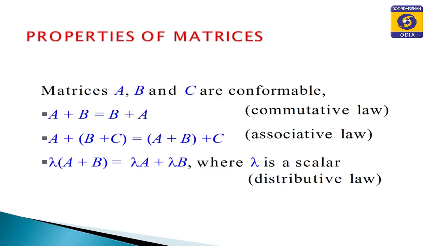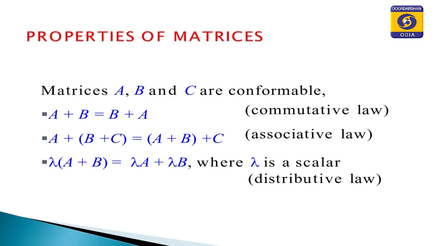For addition, both the matrices are of the same order, and for the product, the columns of the first matrix are equal to the rows of the second matrix. If matrices A, B, C are conformable, then matrix addition is commutative. That means A plus B is equal to B plus A. Similarly, matrix addition is associative. That is A plus B plus C can be A plus (B plus C).